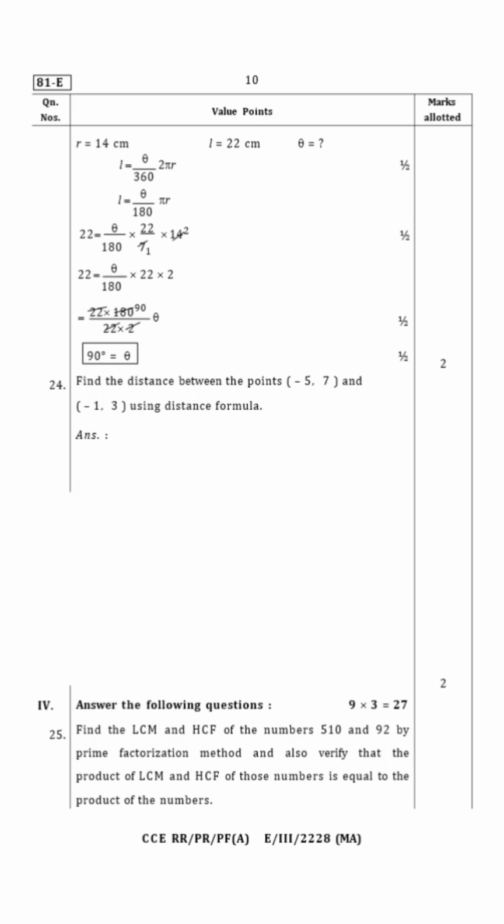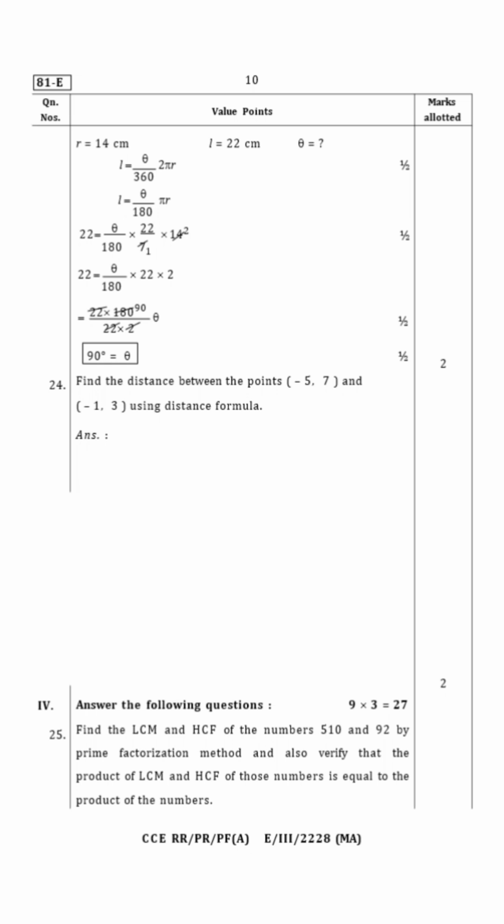Find the distance between the points negative of 5, 7 and negative of 1, 3. Using distance formula, we are given the points negative of 5, 7, negative of 1, 3. So here x1 is equal to negative of 5, y1 is equal to 7, x2 is negative of 1, y2 is 3.